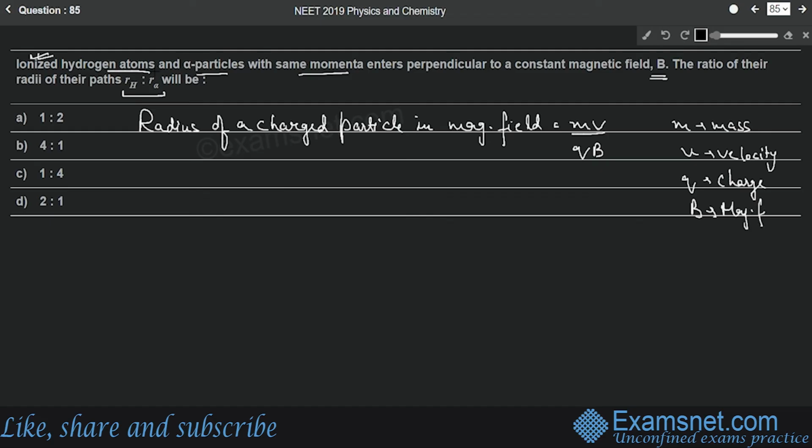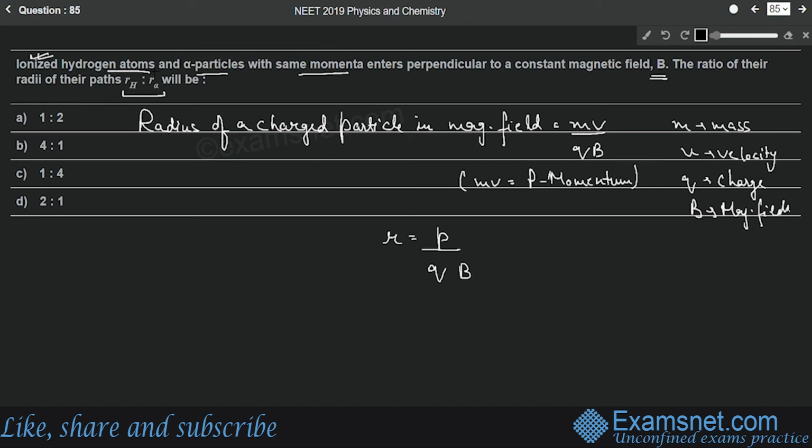Now we know that mv is equal to momentum. Momentum is the product of mass and velocity. So we can write that this radius is equal to momentum divided by the product of charge and magnetic field.